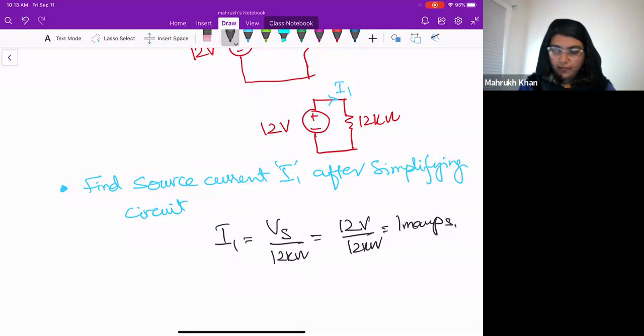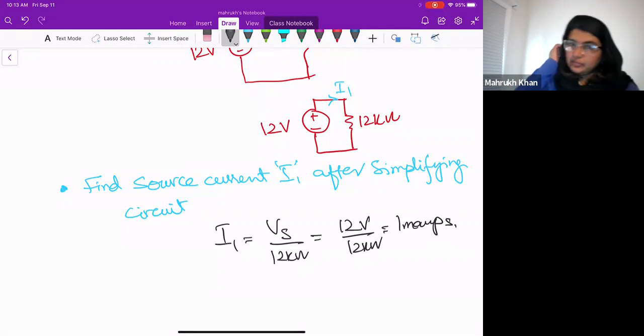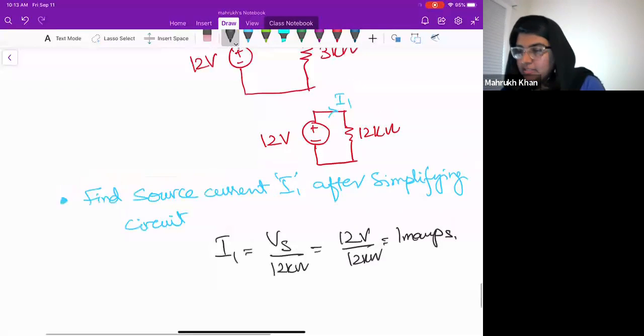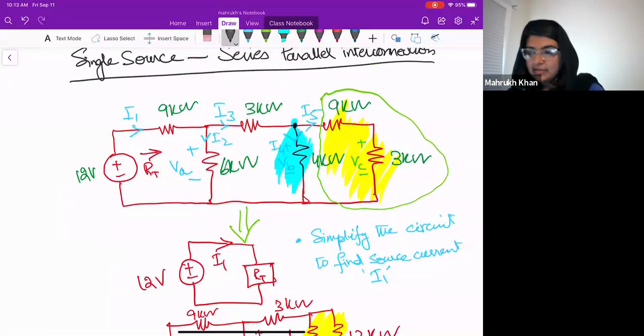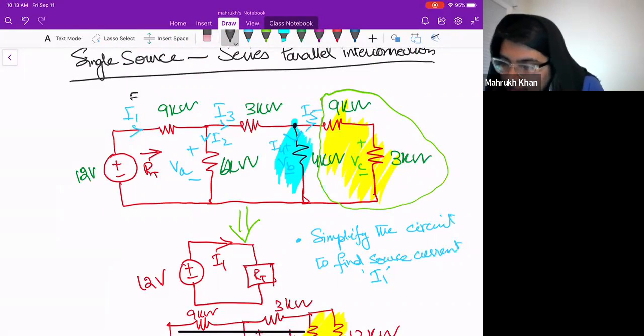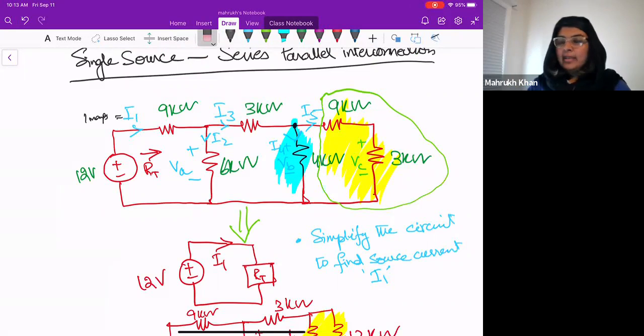We will try to find all the other voltages and resistances, but let's see the circuit again. Now you can see that we have I1, which is 1 milliamp. So now we have to expand it again to see all the voltages and currents.